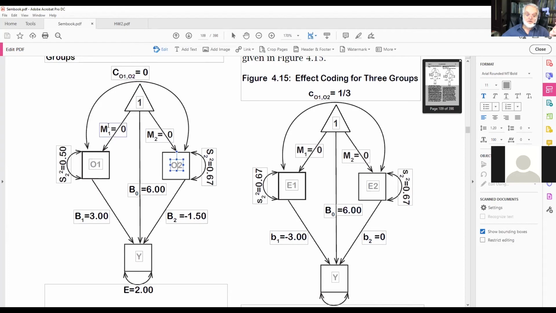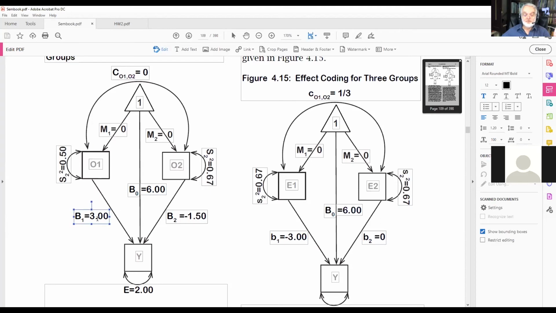And notice when I do that, I have a 0 covariance, because the cross product of that system is going to be a flat line. A scatter plot will look like a flat line. The interpretation then of orthogonal coding for the intercept is going to be the mean taken across all 3 groups.